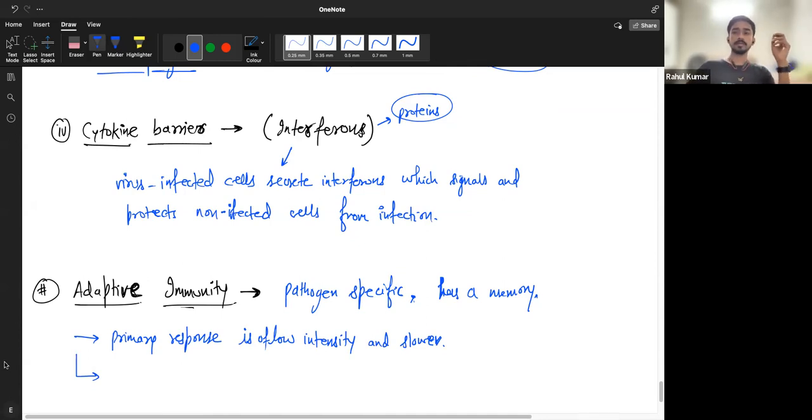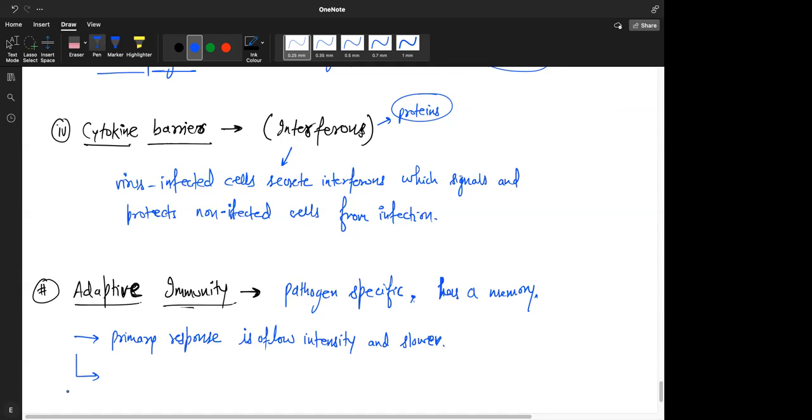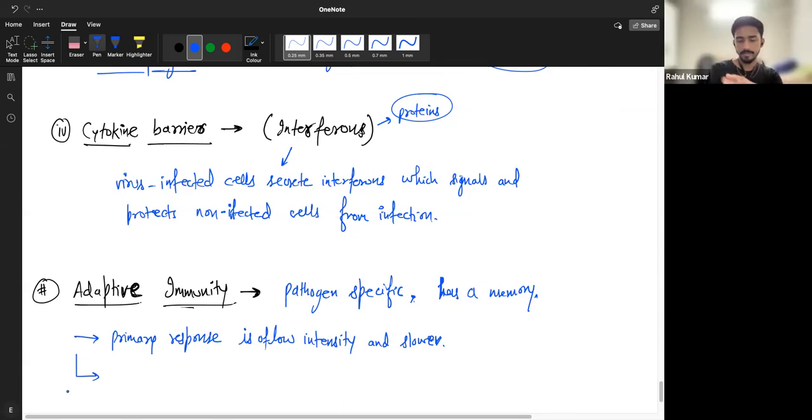But upon subsequent encounter with the same pathogen, the secondary response is faster and of high intensity.